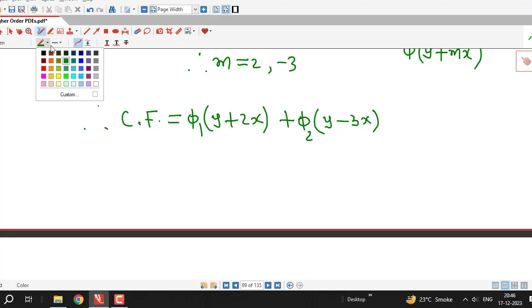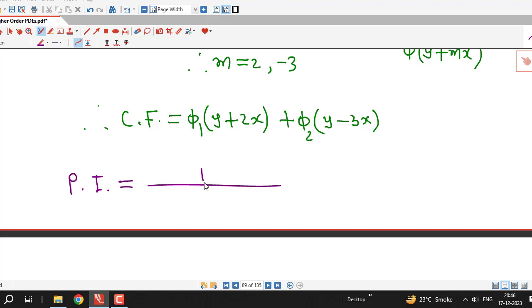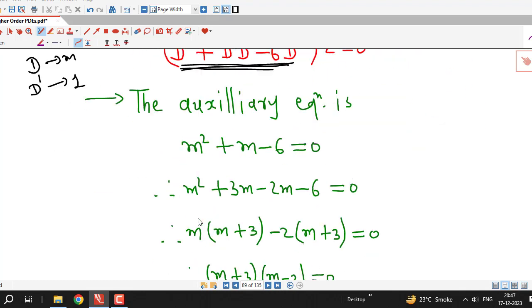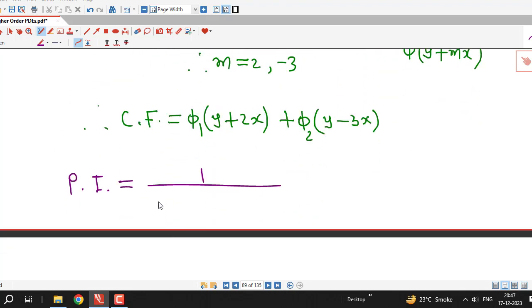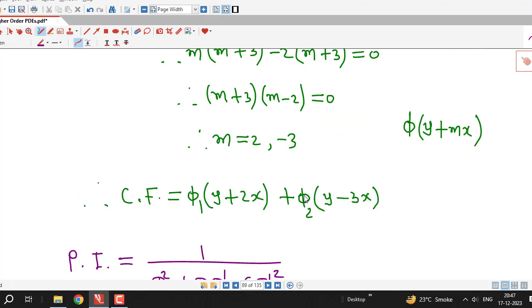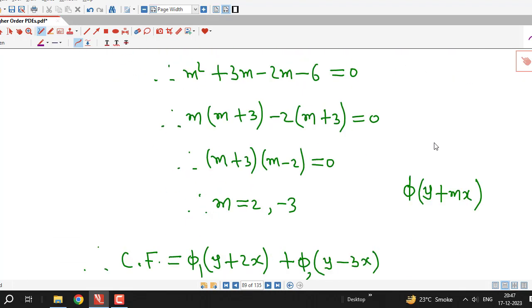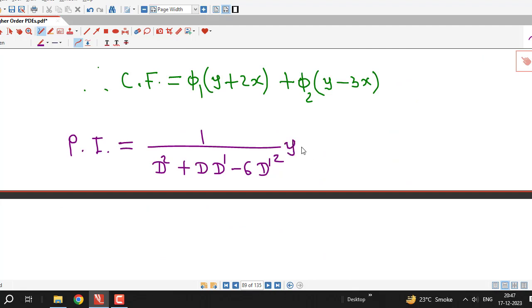Now we go for the particular solution or particular integral. So the particular integral is 1 divided by f(D, D dash), which is D square plus D D dash minus 6 D dash square, operated on the right hand side, which is y cos x. So here we write y cos x.